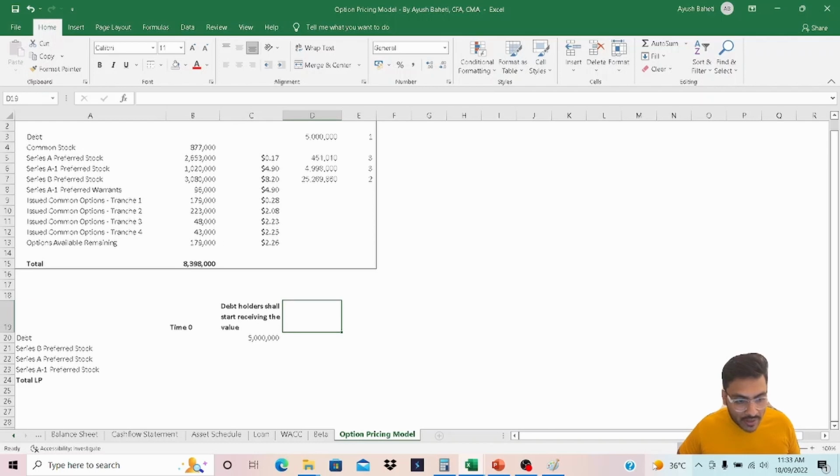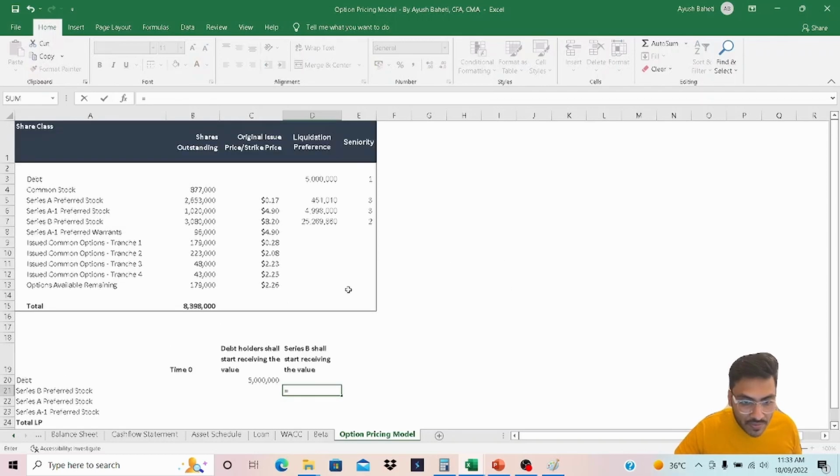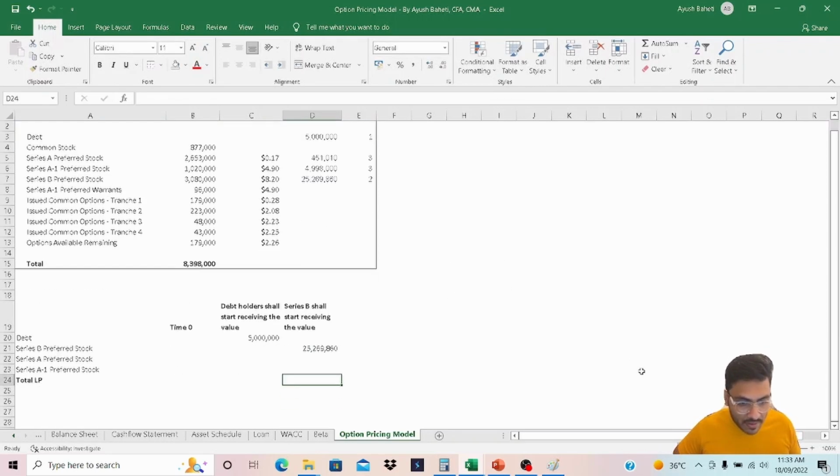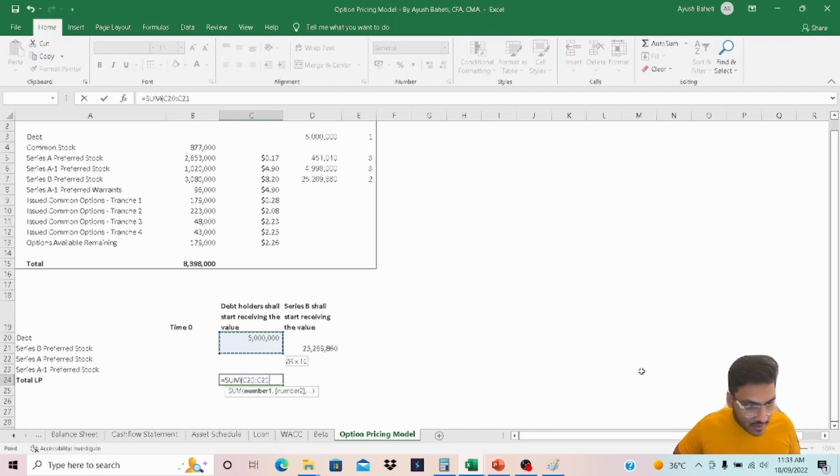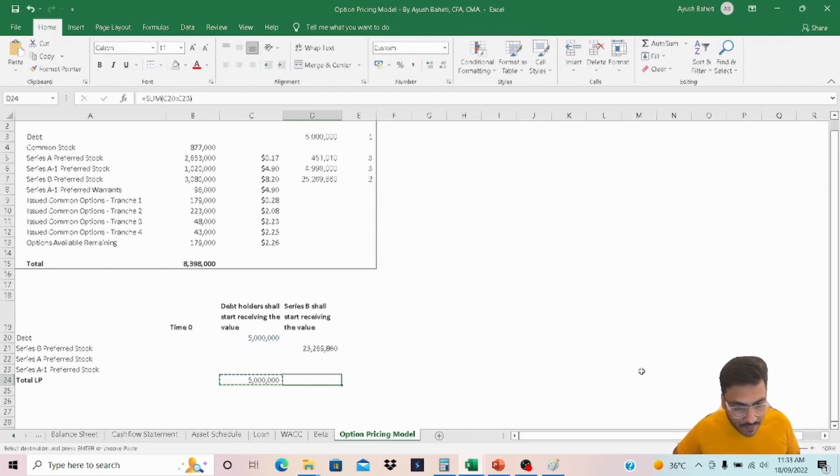The second breakpoint is that series B will start receiving the value. What is the liquidation preference of series B? 25 million, and the total liquidation preference is this value.